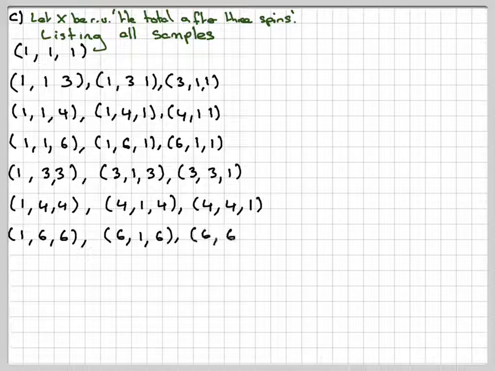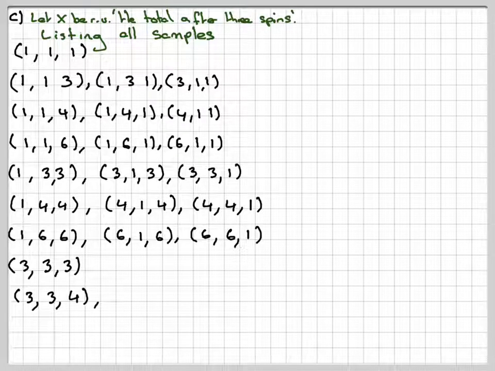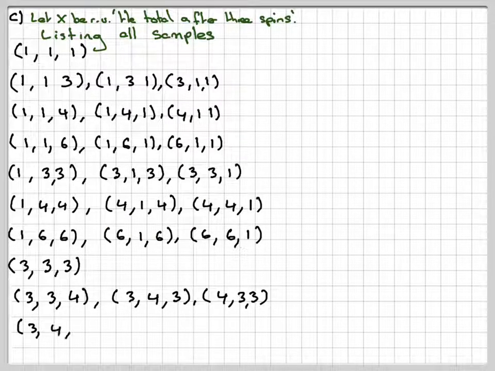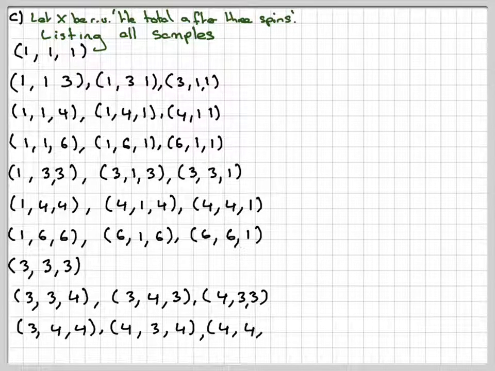So you can see some sort of logic in the way that I'm listing the samples here. 1, 6, 6, again 3 different ways, and then I'm going to start with 3, 3, 3, and then 3, 3, 4. I don't need to do any with 1 because they're all covered already. That happens 3 different ways, and then 3, 4, 4, which can happen 3 different ways.